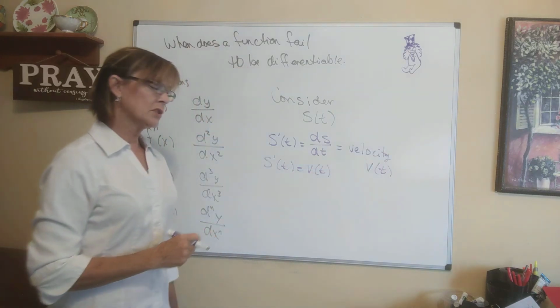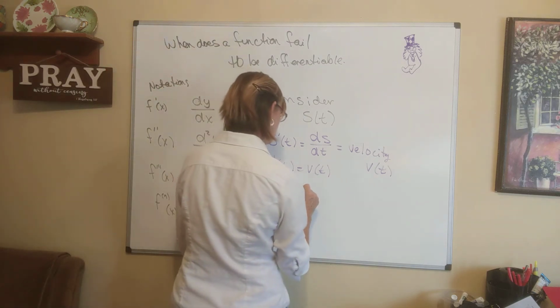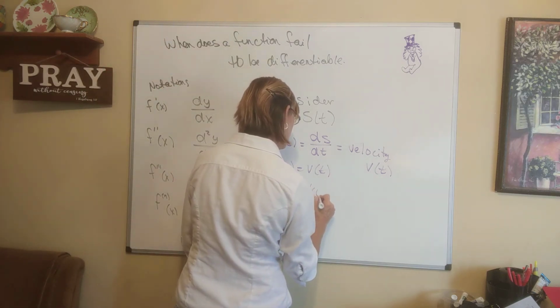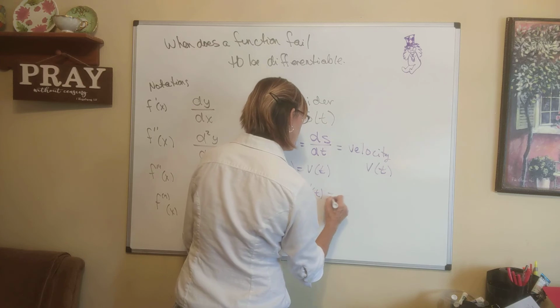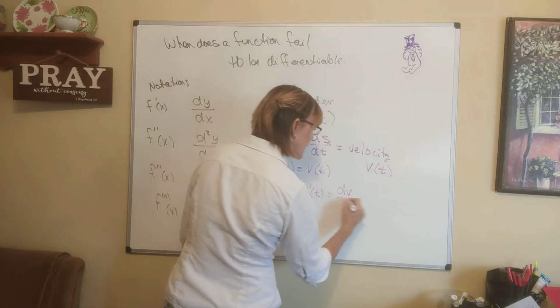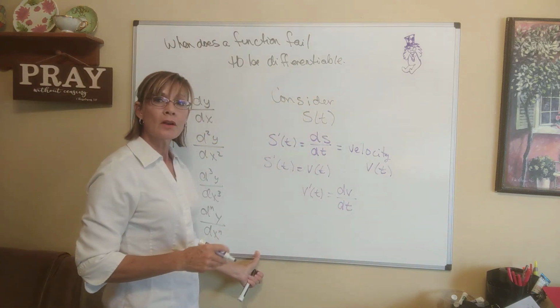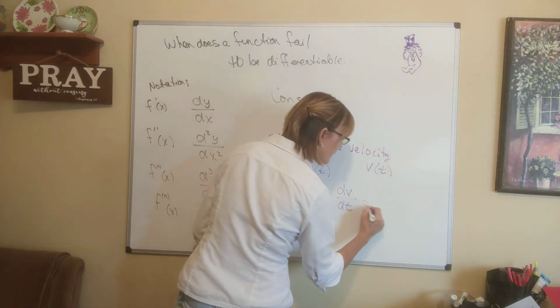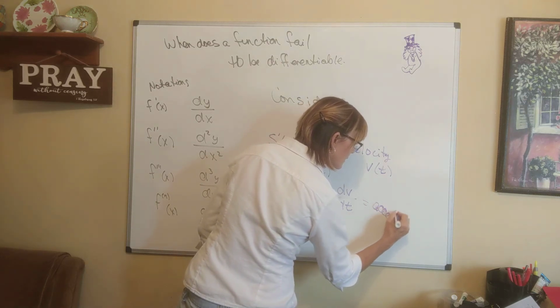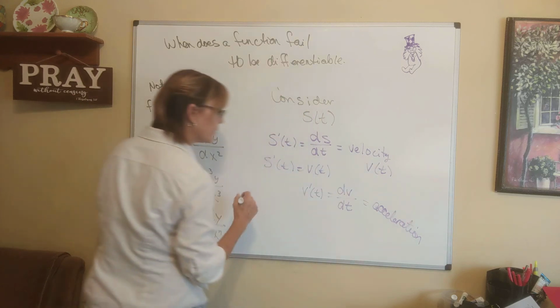Well, what if we took the derivative of the velocity? v prime of t. What does that equal? That would be the instantaneous change in the velocity with respect to time, and this is what we call acceleration. So here we go.